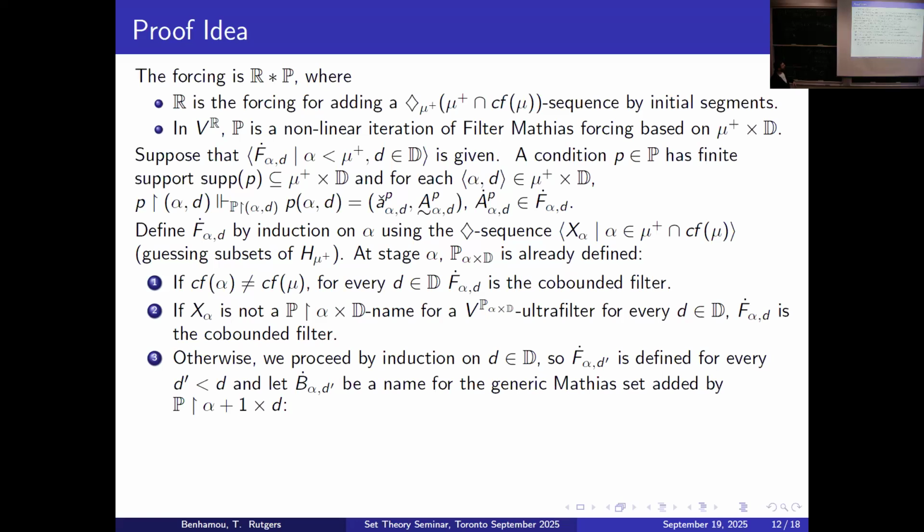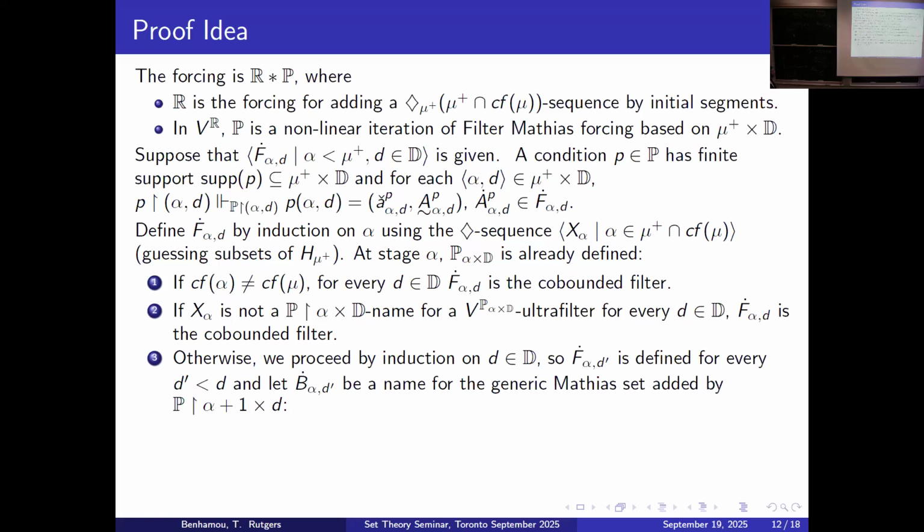So basically what I do is I take the name for the ultrafilter X alpha, and now I chop it to all the coordinates which are below a certain D. And this is the filter I'm calling F dot prime alpha D prime, for D prime less than D. So it's all the names in that generic extension such that the trivial condition in the quotient forcing forces them to be in that ultrafilter.